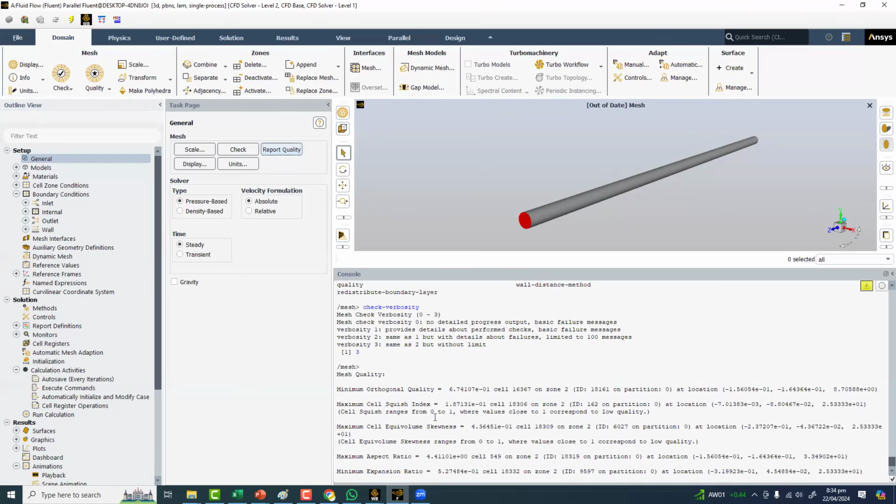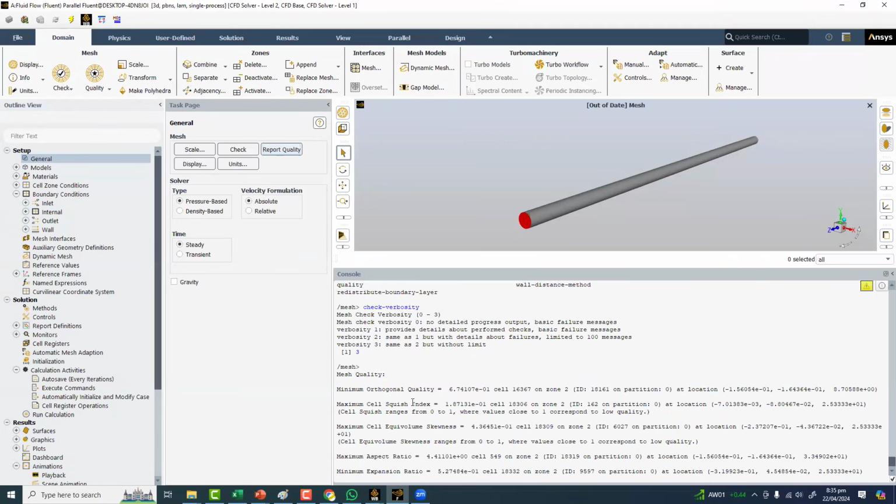Okay, now you can see that with the number selected, it gives you the minimum orthogonal quality, which we are also getting by default, and it is giving us the maximum cell skewness next. This is roughly the same as the skewness, but it has more information for the volume cells.